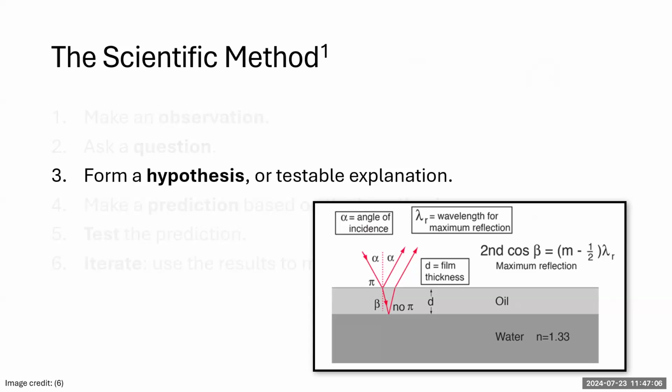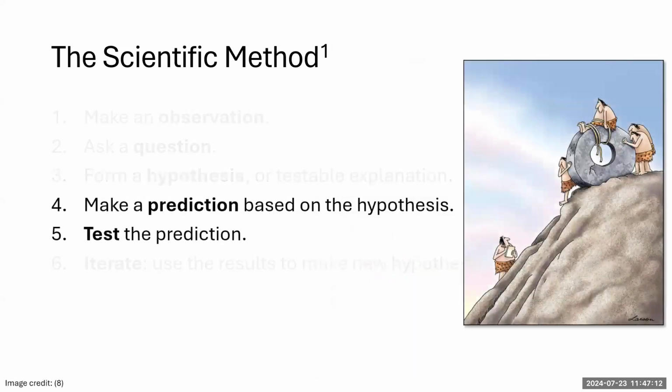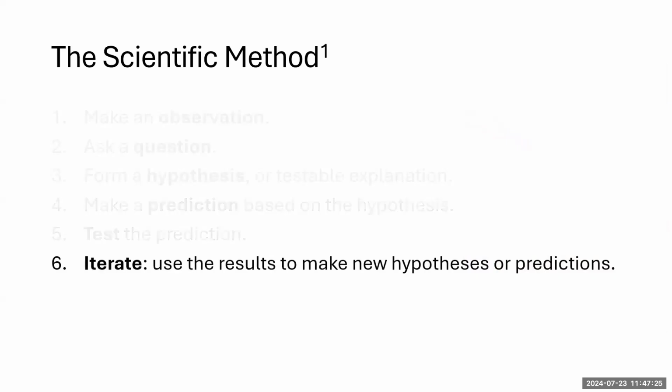This possible explanation is called a hypothesis, and often answers why type questions. Finally, we create an experiment to test whether our explanation was correct. This step requires creativity, tenacity, and even some luck, and it's the most exciting part of the process. Now that we've gained some knowledge about the world, we can then use that knowledge to ask new questions and repeat the process.